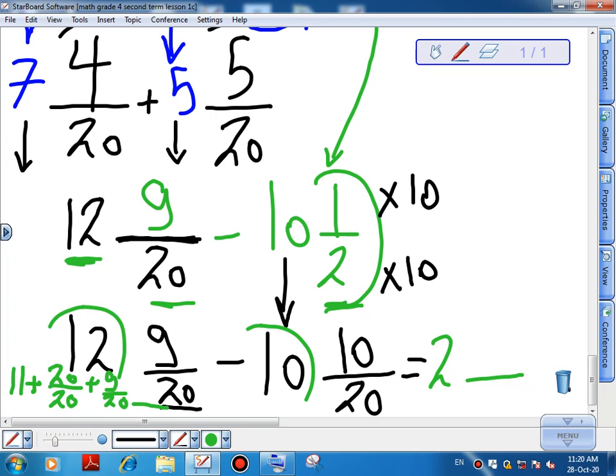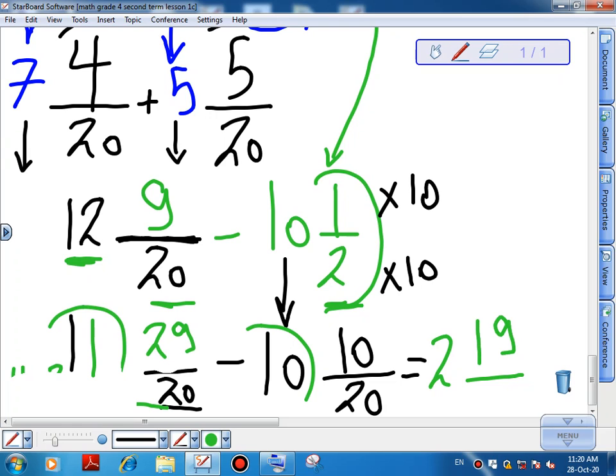Okay? It will be 29 over 20. 29 over 20 minus 10 over 20. 29 minus 10 equals 19 over 20, and the whole number is different. We have 11 minus 10, it will be 1. It will be 1 and 19 over 20.